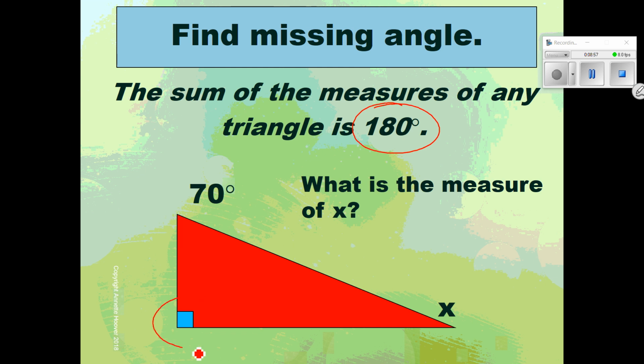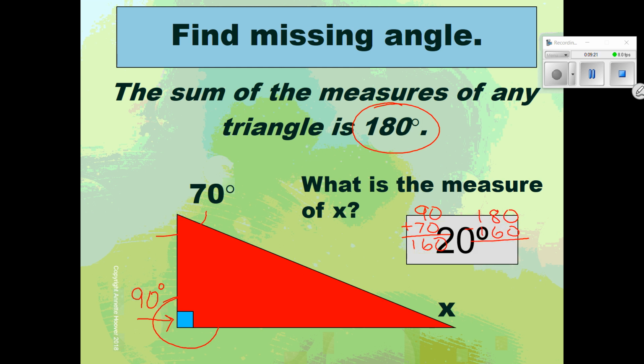This one does not give you a number, but it gives you the symbol to let you know that this is a right angle. So we know this one's 90 degrees, even though it doesn't say 90. We know this angle up here is 70. So if we add 90 plus 70, that gives us 160 degrees. And if we subtract that from the 180, we can figure out the missing angle, which would be 20 degrees.